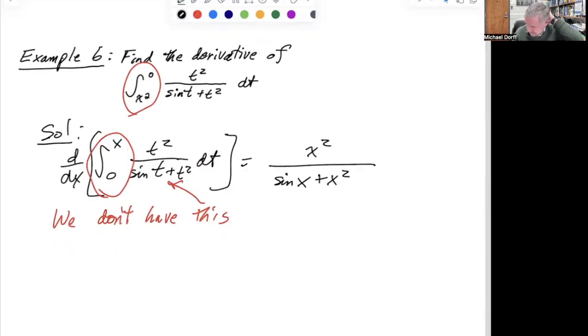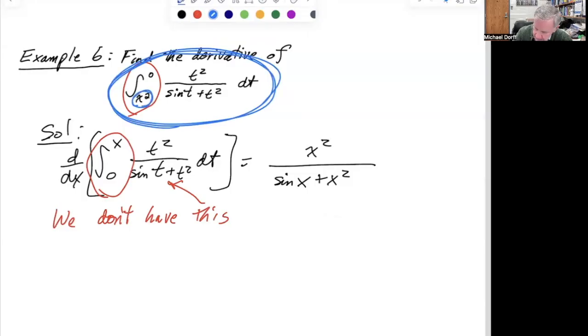So what do I notice? I look at my original function. I'm going to circle this in blue. I'm going to take the derivative of that. So what about the limits on the integral there? Well, I have an x squared in the bottom, and in the top there I have a 0. So first of all, they're backwards.